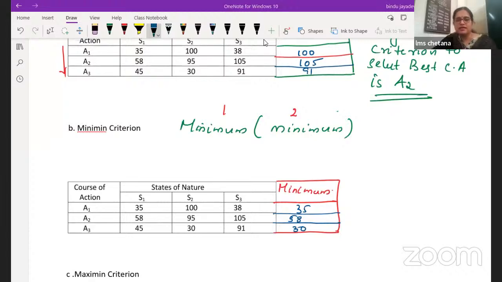Yes, 30. Now what are you going to do? We are going to write Minimin criteria, meaning minimum of minimum. That means minimum, bracket. What is this bracket? The bracket is our last column.